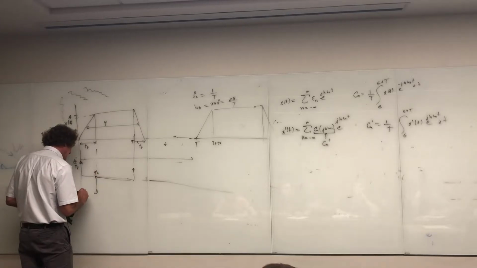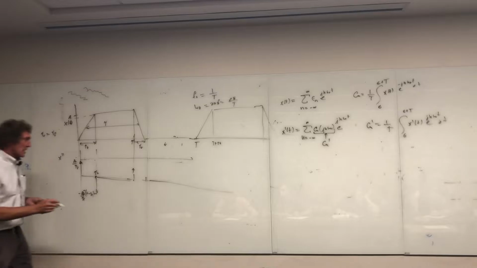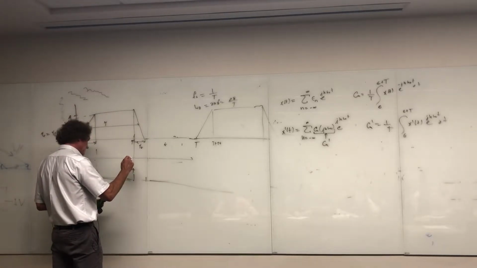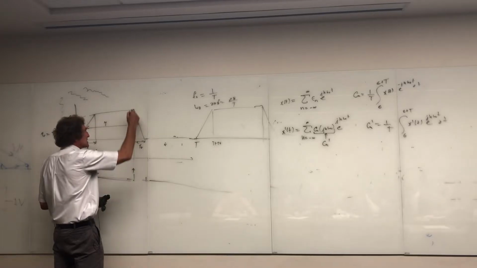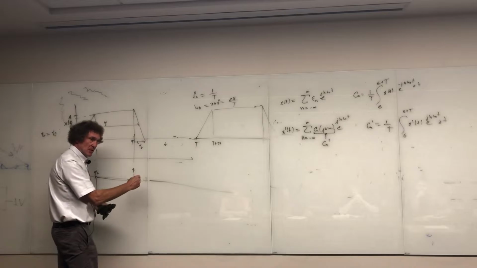And technically, you could write it delta of t minus tau rise, couldn't you? Because the delta function turns on where the argument is 0. So t minus tau rise turns that delta function on at tau rise, right? I don't even put that in most of the time. Come over to here. Remember, that has a negative slope, so the first derivative will have a negative square well, right?